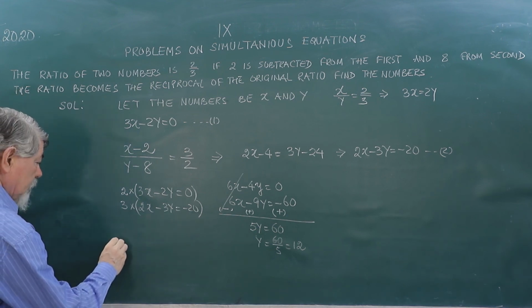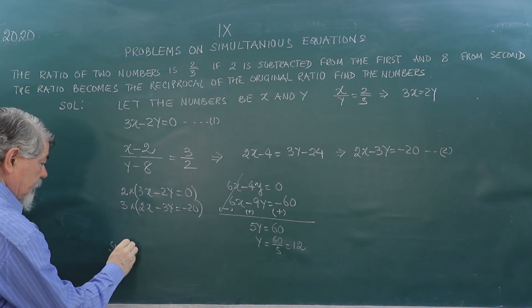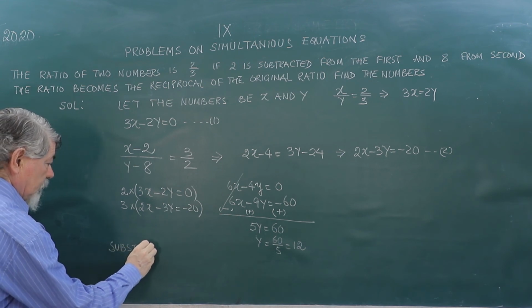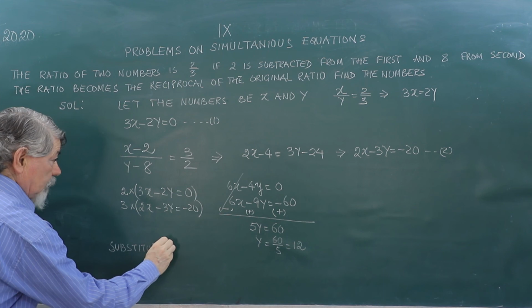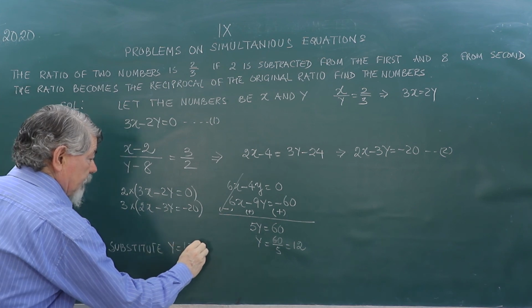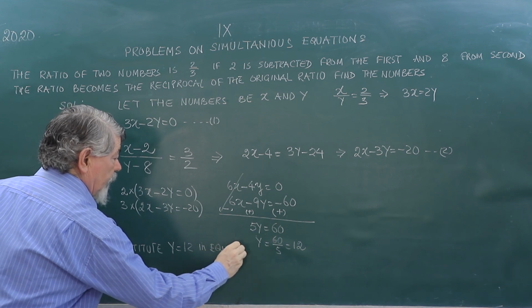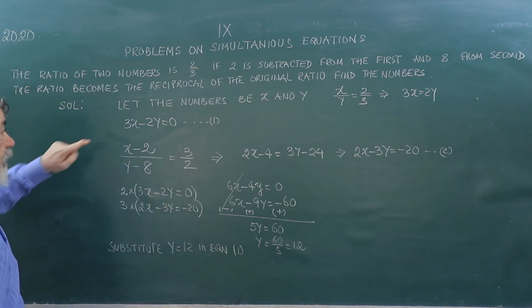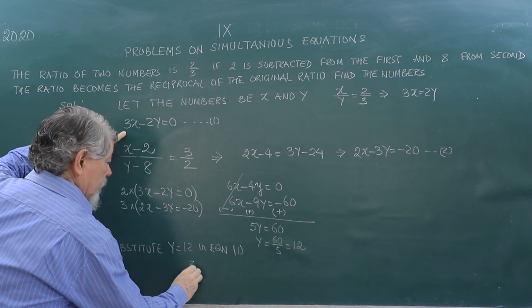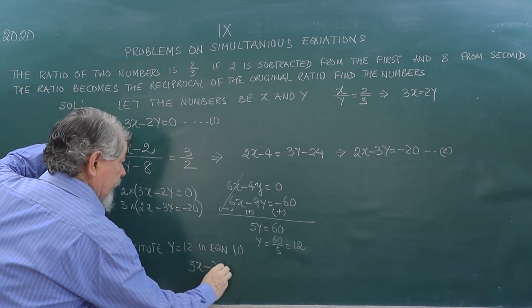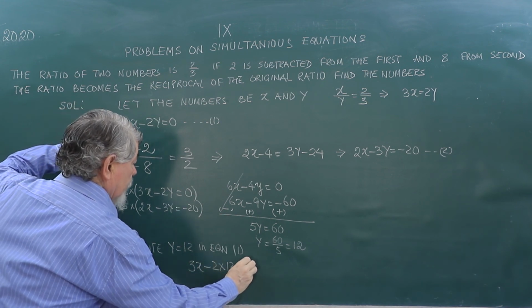Substitute y equal to 12 in equation 1. Equation 1 is 3x minus 2y is equal to 0.